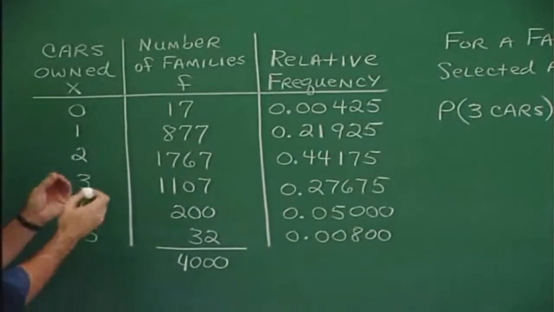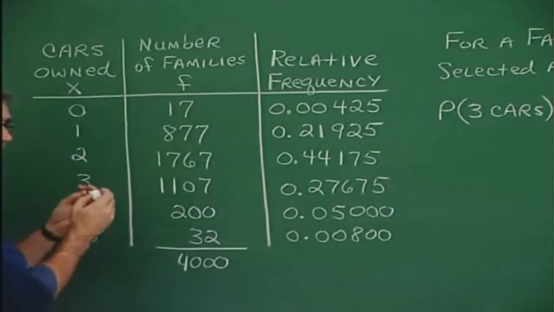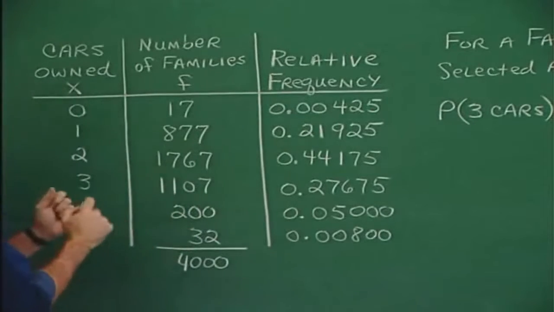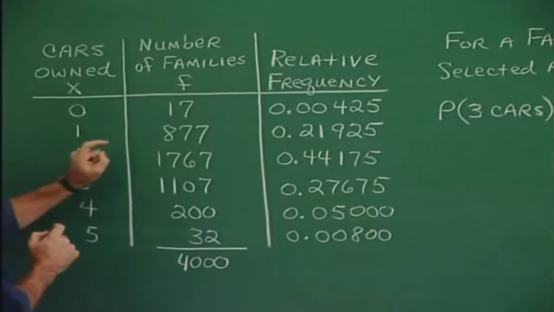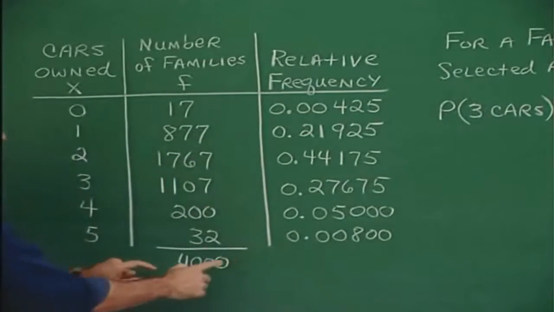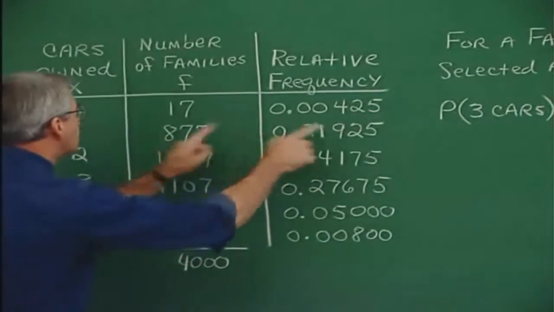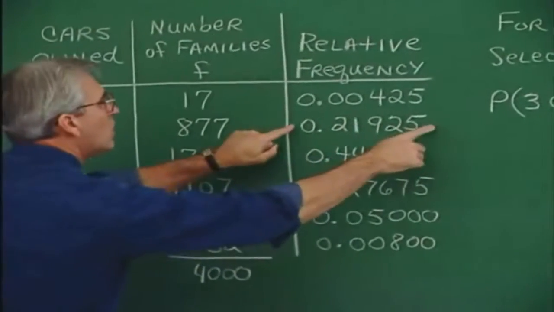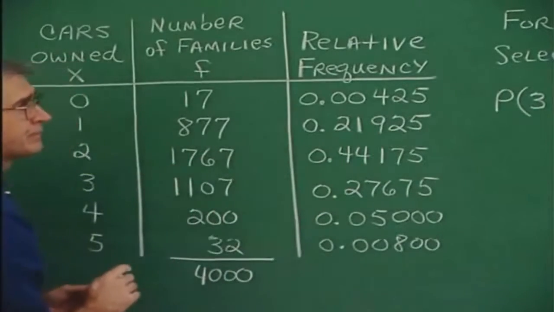That is, the probability that a family chosen at random will have only 1 car would be 877 over 4,000, which is the relative frequency associated with this row, or it would be this number.